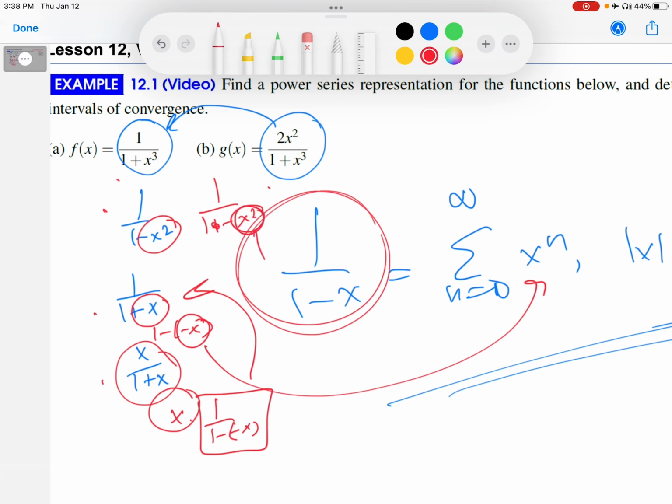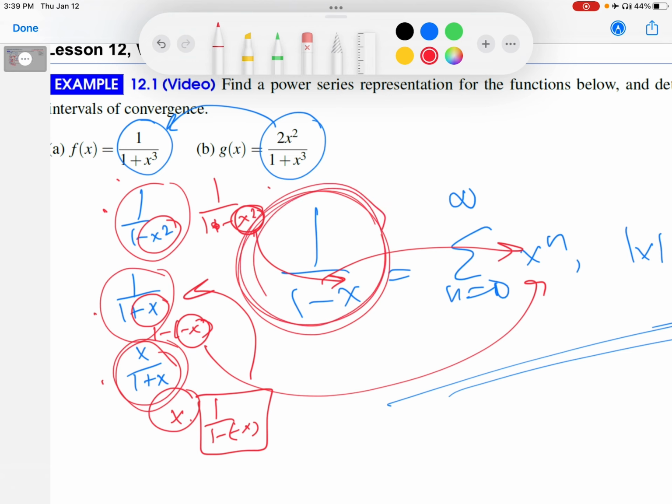So we take x squared, we put it in for x here and here. So you can see how this game goes, that there are going to be a lot of rational functions that look vaguely like 1 over 1 minus x, and through some combination of multiplication, addition, substitution, division, you will end up with a power series that looks vaguely like that one.